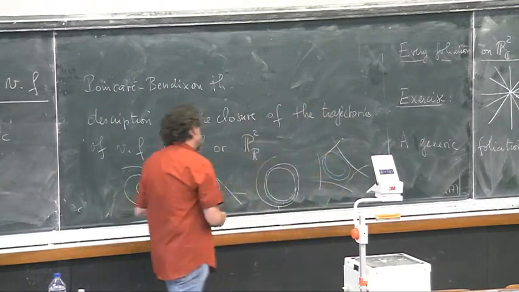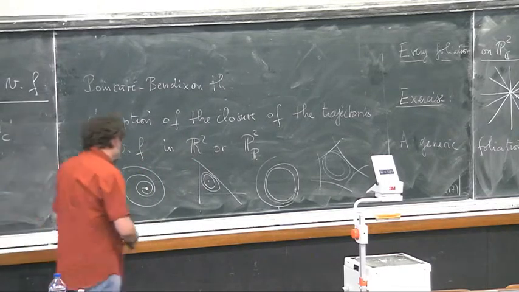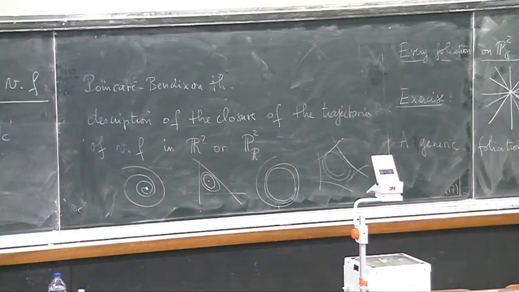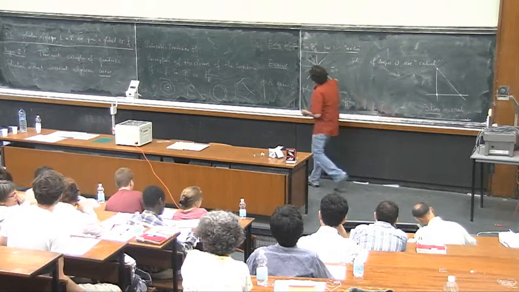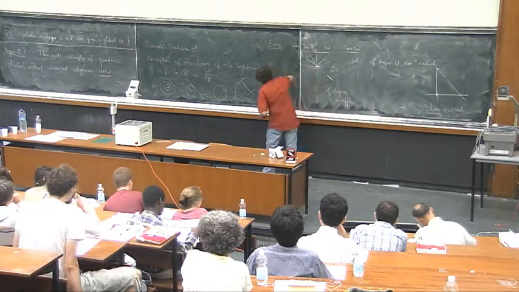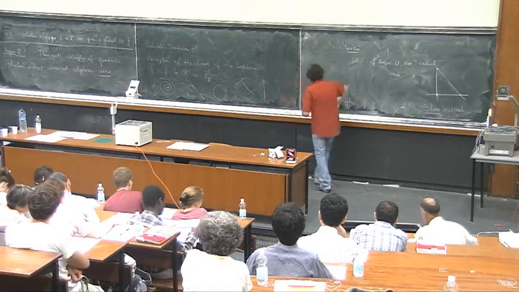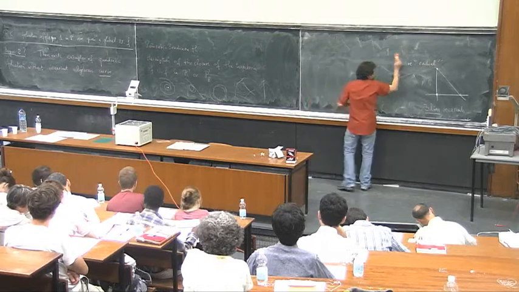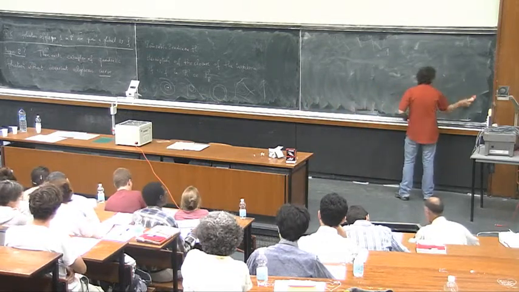Anyway, we know the explicit qualitative description of the closure of leaves, and the problem in complex is what is Poincaré-Bendixson theory. So the problem is the following. It's called the minimal problem.